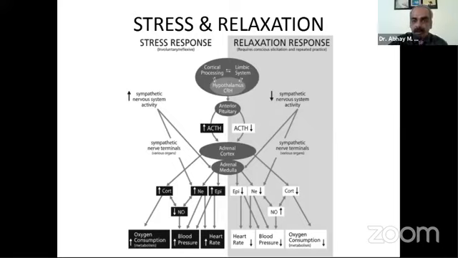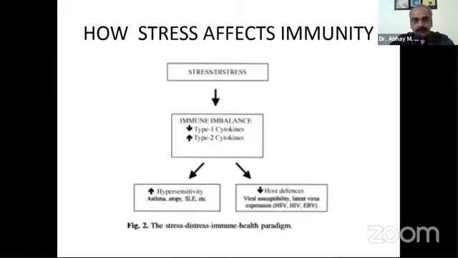That is how the relaxation response leads to a better health status. We can do it voluntarily, and it is required that the person is aware of things, is relaxing, and gives commands by himself, and that is how it can help.